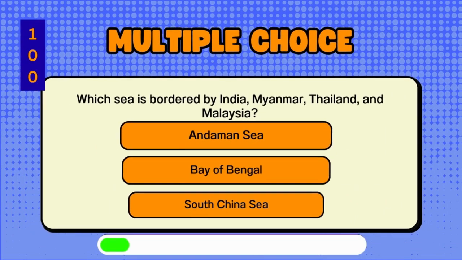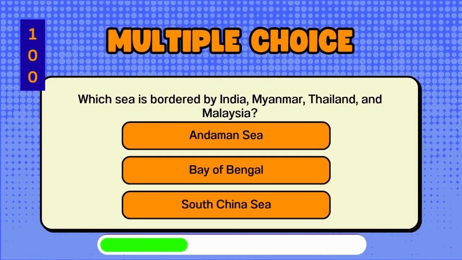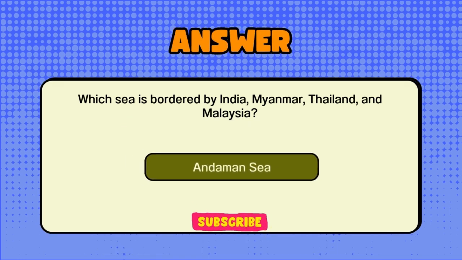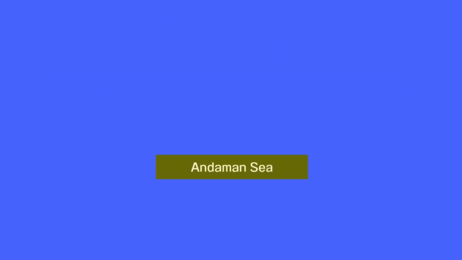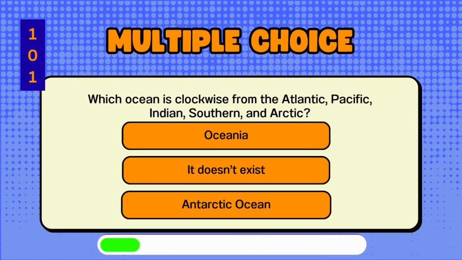Which sea is bordered by India, Myanmar, Thailand, and Malaysia? Which ocean is clockwise from the Atlantic, Pacific, Indian, Southern, and Arctic?